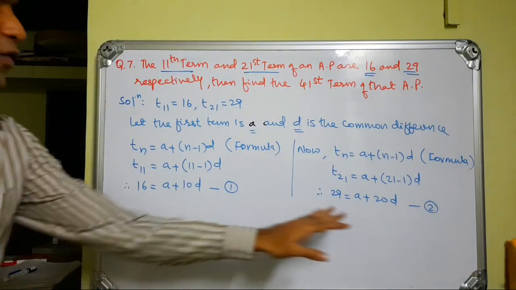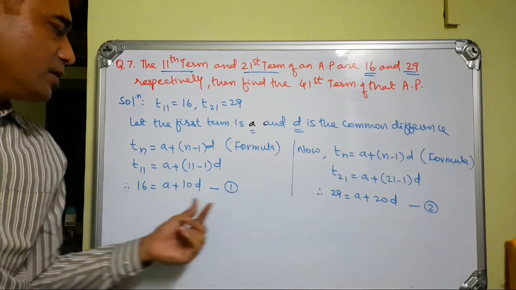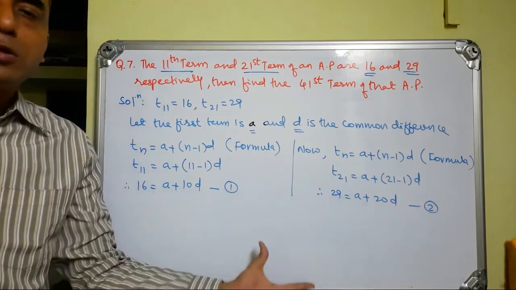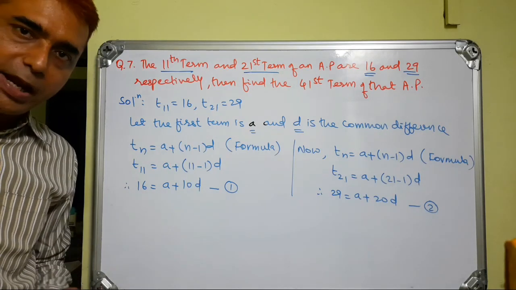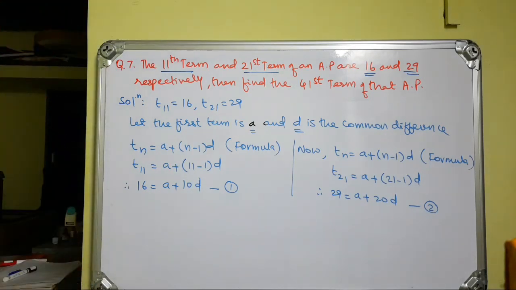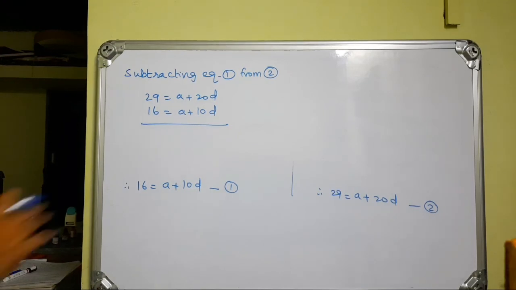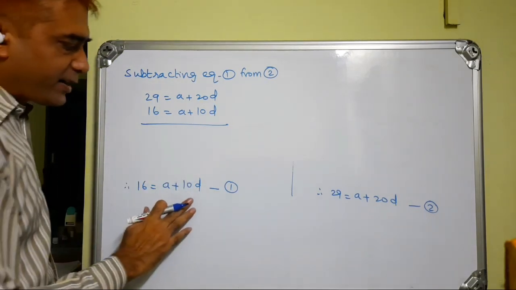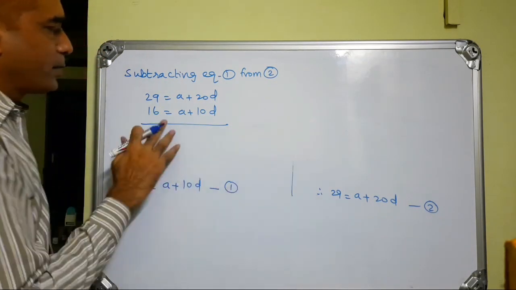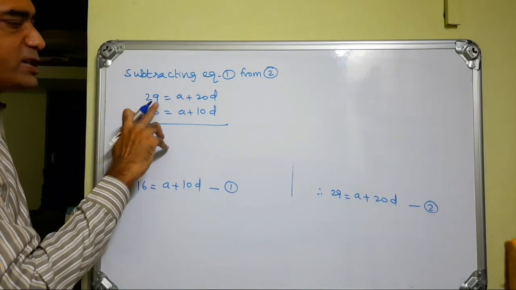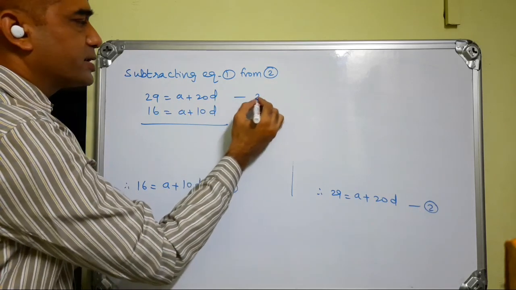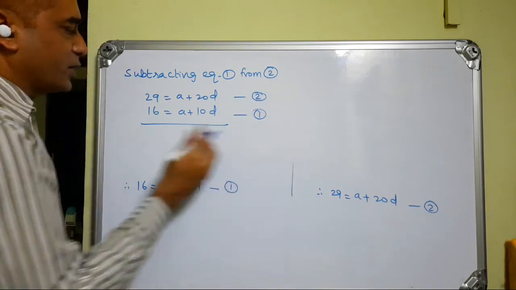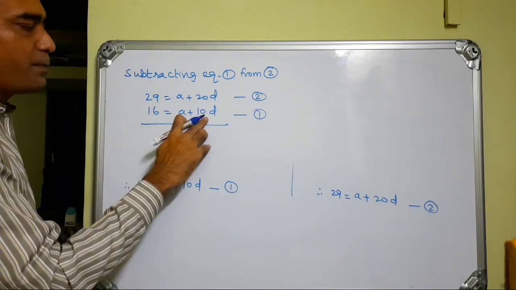Now here we have got simultaneous equations with the same variables. We will solve these simultaneous equations and we will get the values of A and D. So what we will do here, we will subtract equation 1 from 2. The second equation is 29 equals A plus 20D, and the first equation is 16 equals A plus 10D.